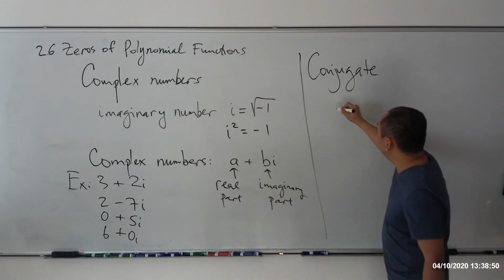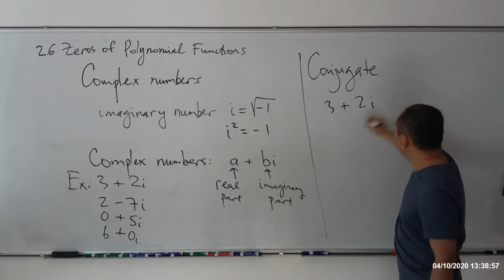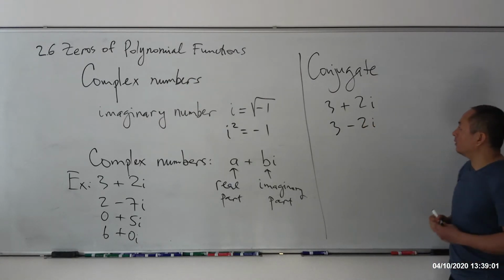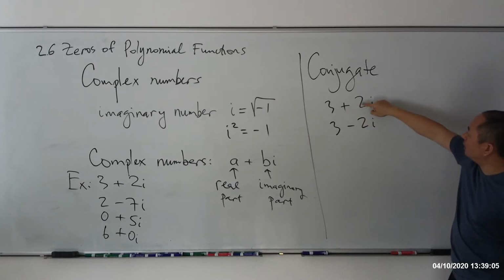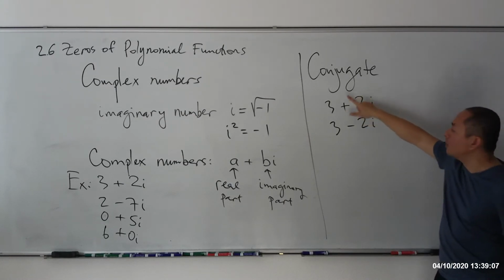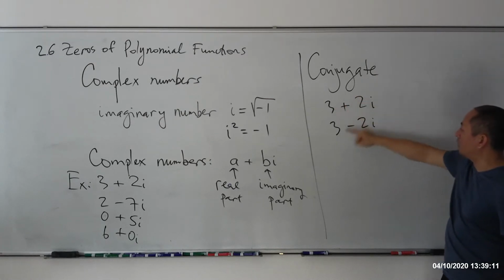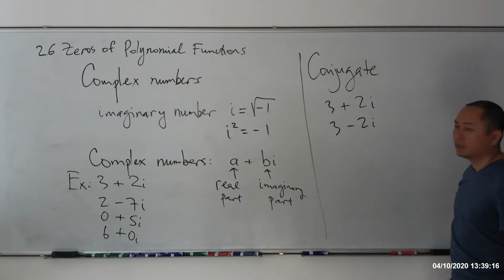So if you have the number, say 3 plus 2i, then the conjugate of this is 3 minus 2i. You see what I've done to get from the first complex number to the second one? I changed the sign of the imaginary part. Keep in mind that we only change the sign of the imaginary part. So 3 plus 2i, now 3 minus 2i. This is a pair of conjugates.